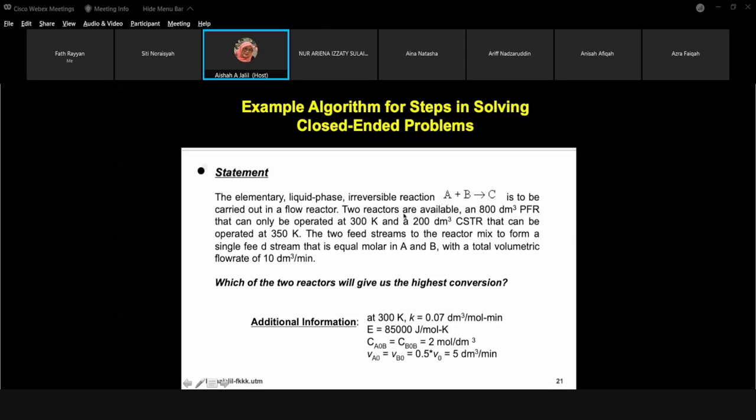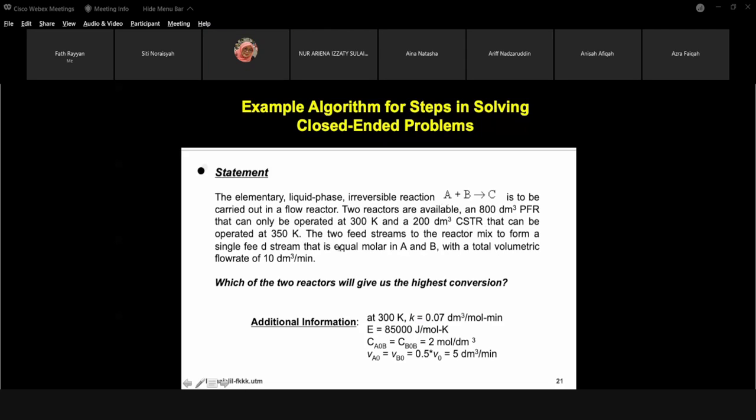Two reactors are available. One is a PFR, the volume is 800, that can only be operated at 300K, and another one is a CSTR, volume is 200, that can be operated at 350K.